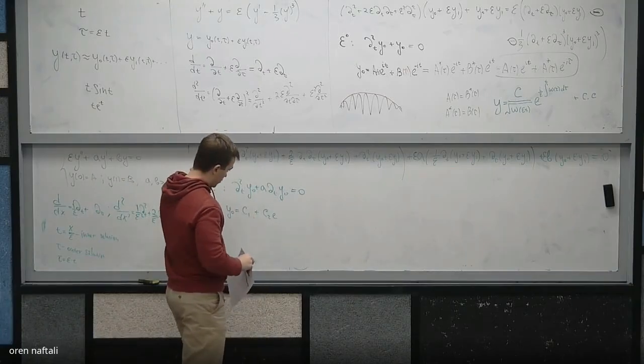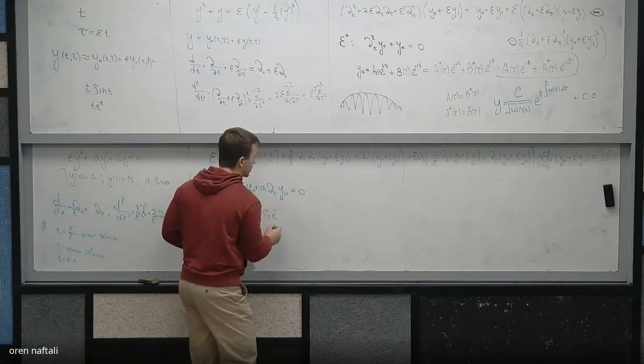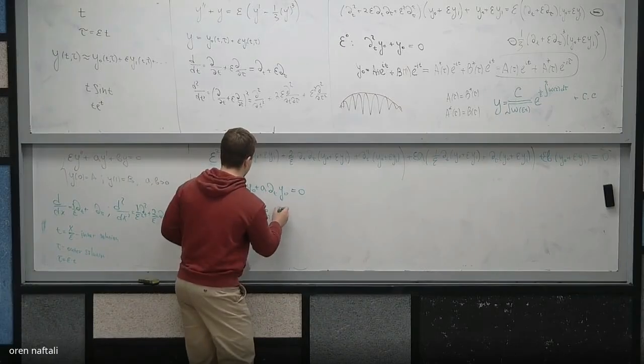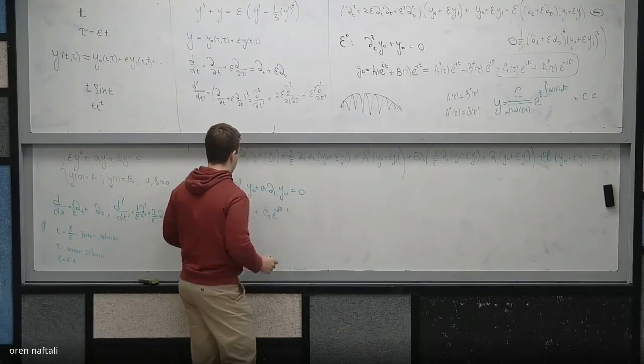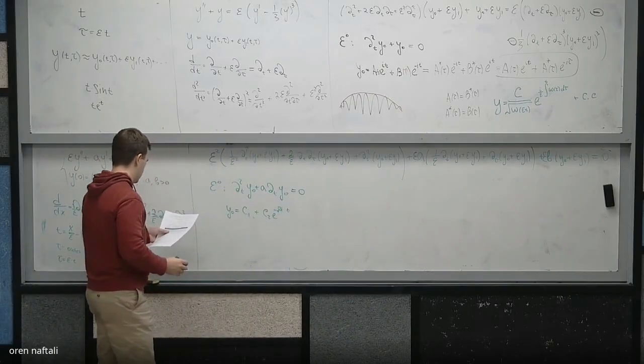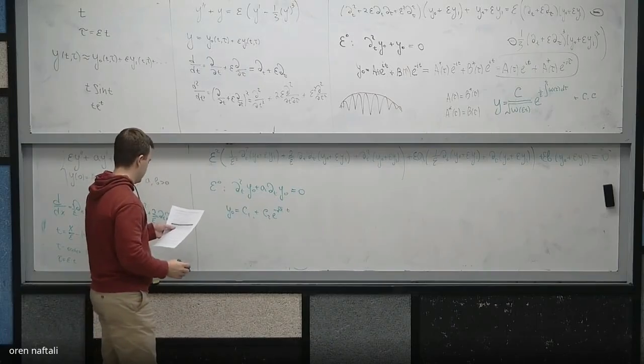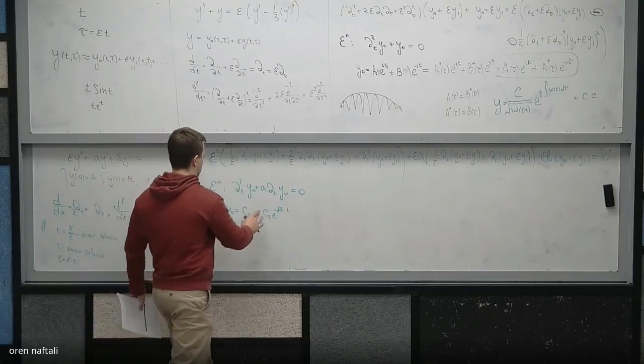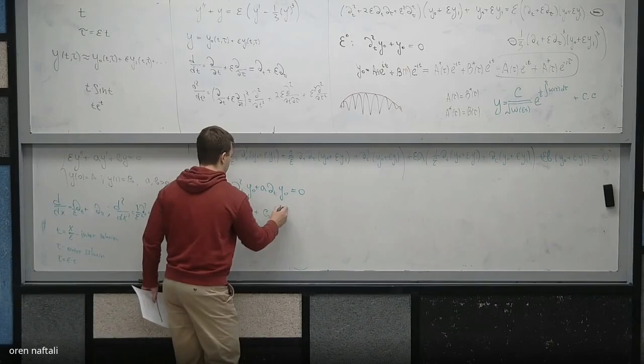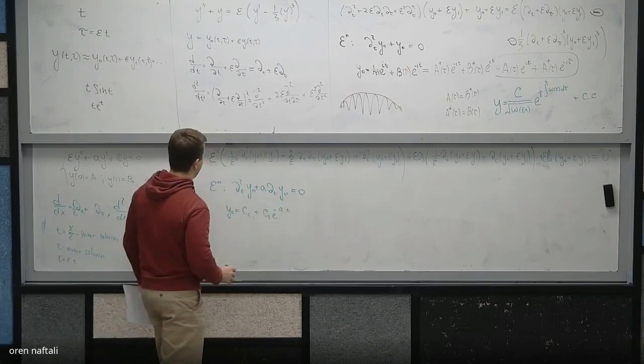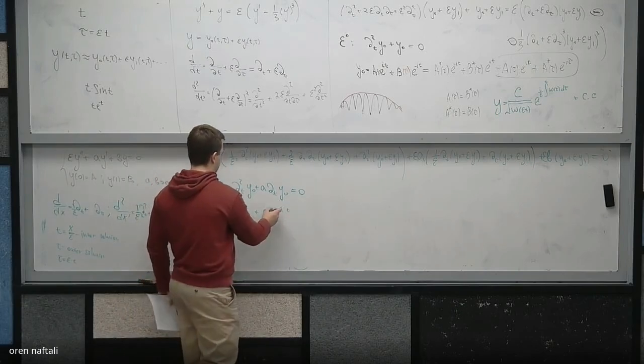So yeah, minus a times t. This is basically the solution of the equation. Sorry, just a. Okay. Minus, yeah.